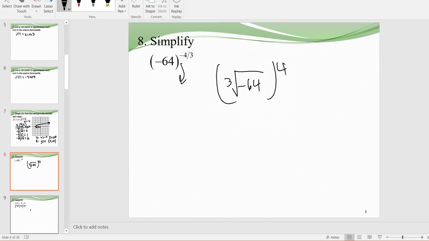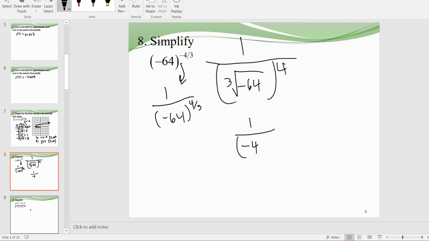So this would actually become 1 over -64 to the positive 4/3. So this would become 1 over all of that. The third root of -64 would be -4, and -4 raised to the 4th would be positive 256.